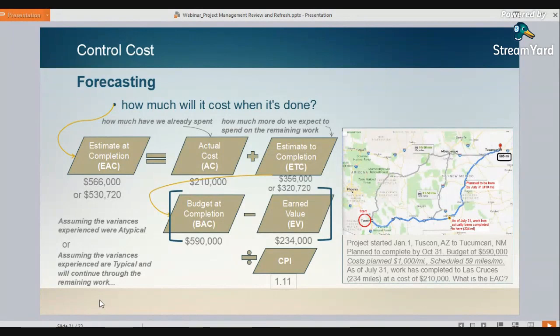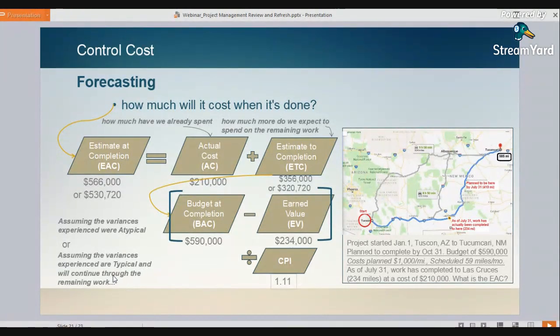We don't know for sure whether or not we're going to do our remaining work with the savings that we've encountered up to this point. We don't know for sure if we're going to complete our remaining work according to our original budget estimates, or if it's going to be something else. But what we can do is advise our stakeholders based on judgment, based on our best prediction.